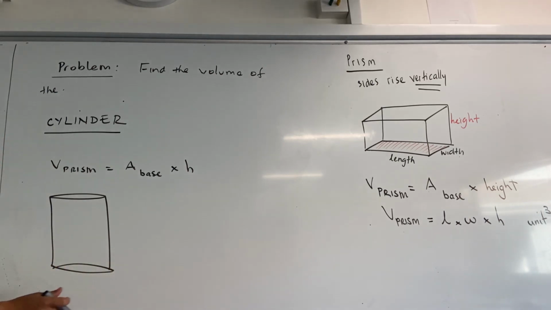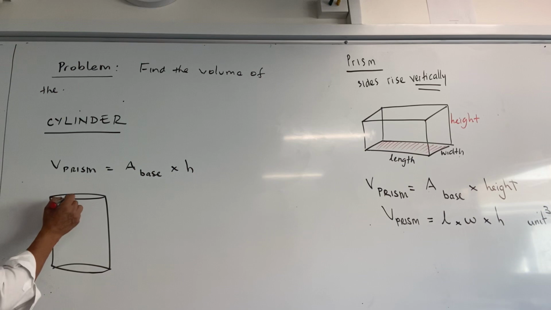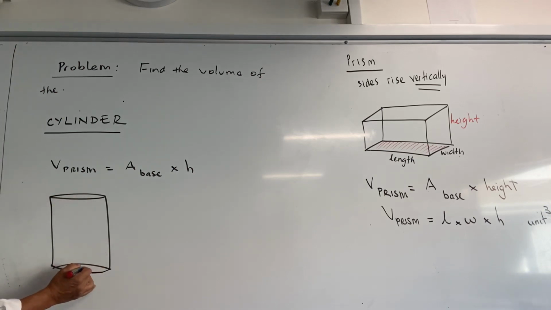Okay, there it is. There's my cylinder. I'm going to tell you that the radius is R, height is h. Now, what would be the area of the base?